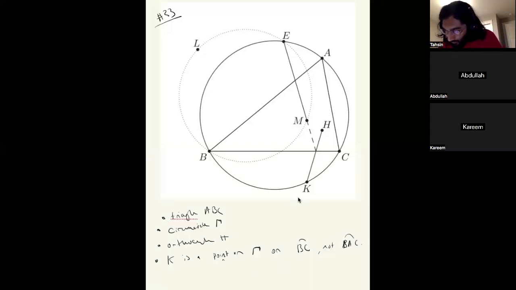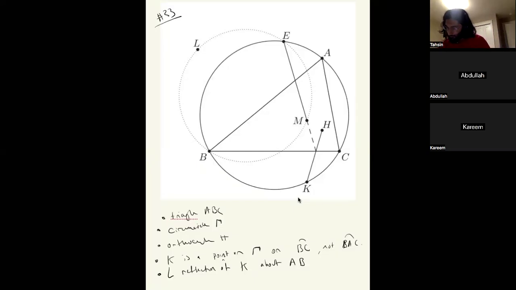Then we have L and M. L is the reflection of K about AB.